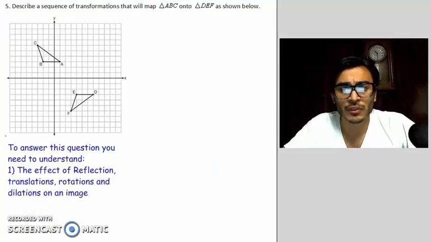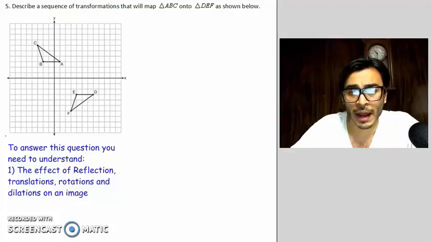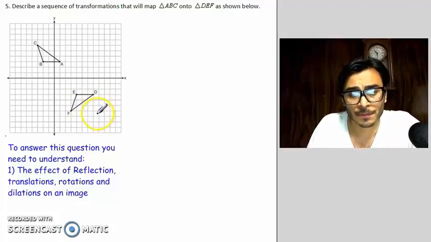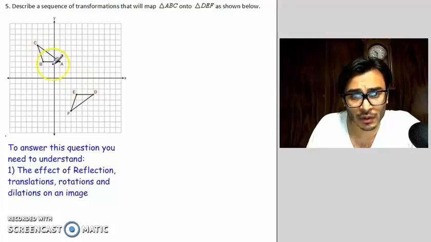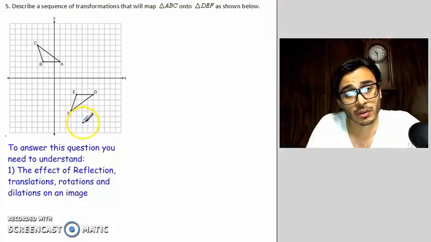5. Describe a sequence of transformations that will map triangle ABC onto triangle DEF. Okay, so the way that I would do this, I understand that to go from here to here, there needs to be a reflection.